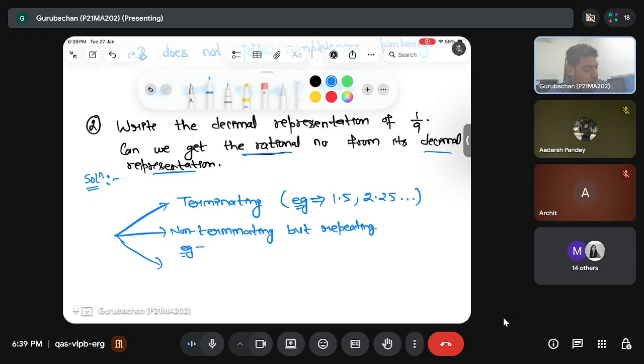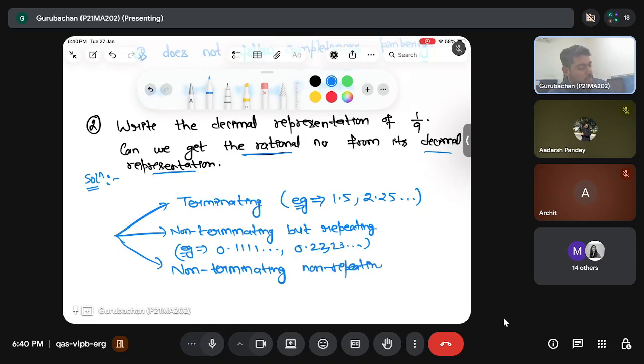For example, 0.111, 0.2323 and so on. And the last one is non-terminating and also non-repeating. The first two cases fall under the category of rational numbers, and this last one is an irrational number.